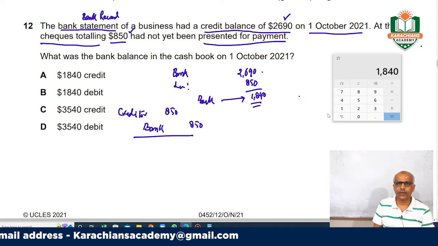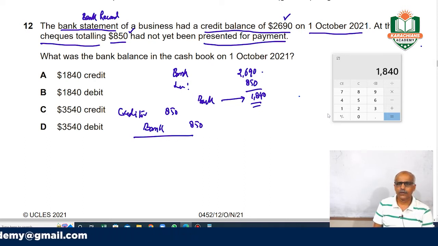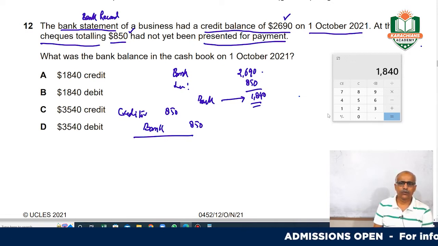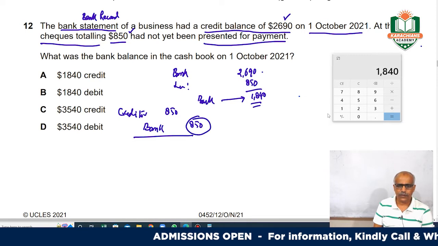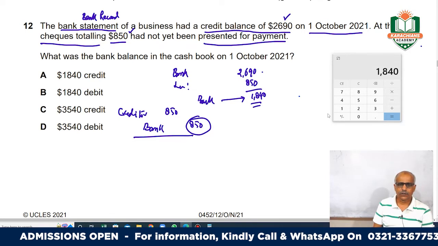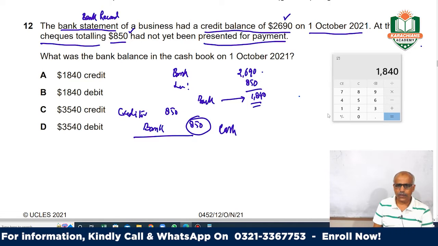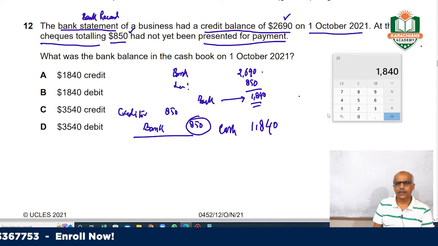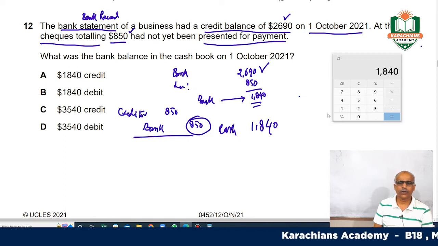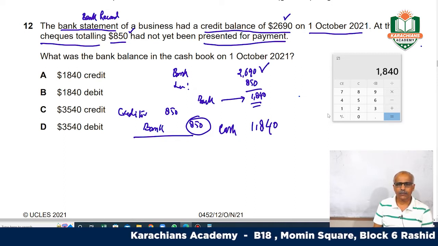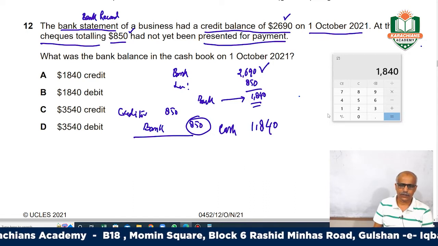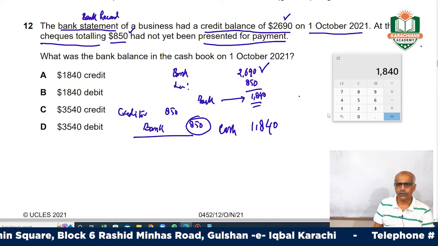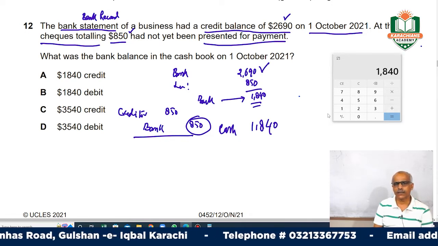So after 2 or 3 days, when the checks are presented to the bank, the balance will be reduced. But in your books you have already done it, so your books show the effect. Your cash book is showing a balance of 1840, and the bank's books are currently showing 2690. After 2 or 3 days, when these checks are presented, the bank balance will also become 1840. So your books' balance is 1840 because you have already deducted this 850.